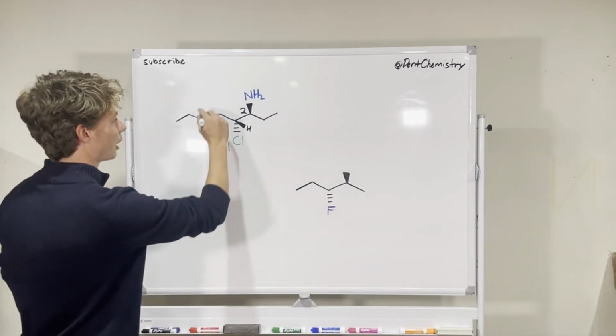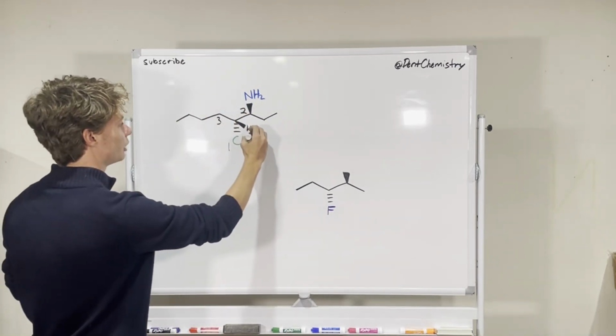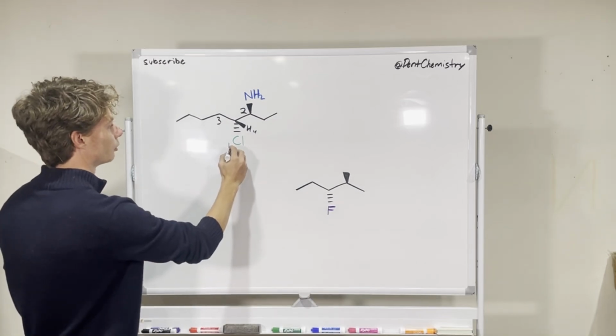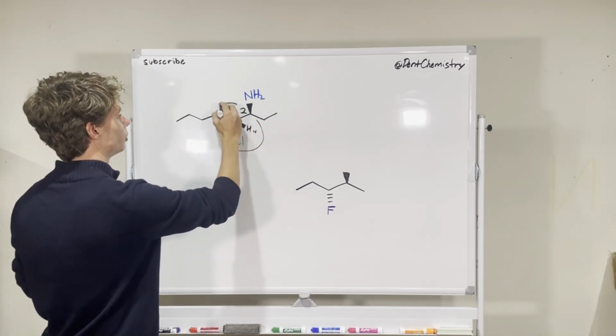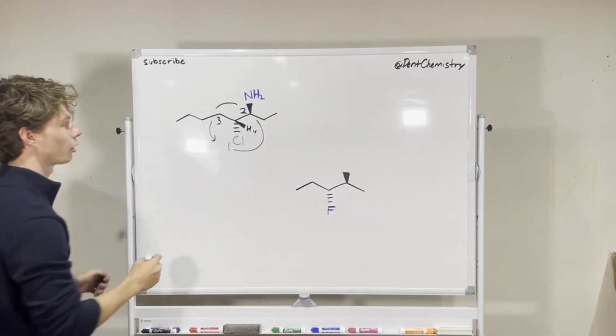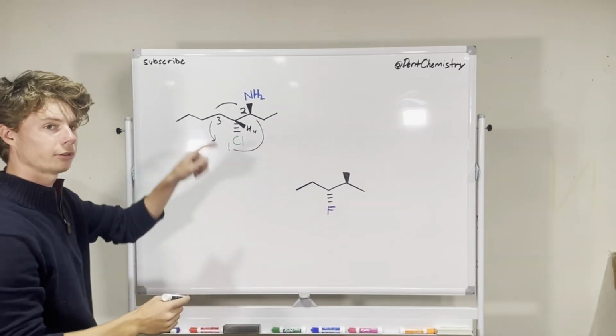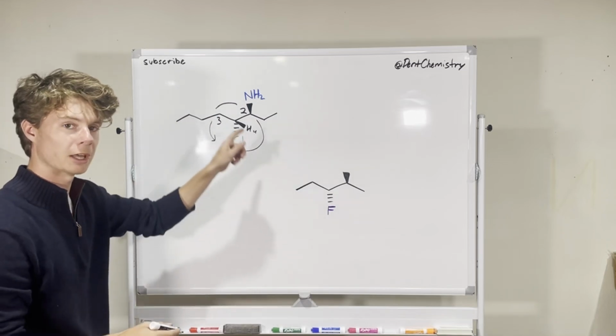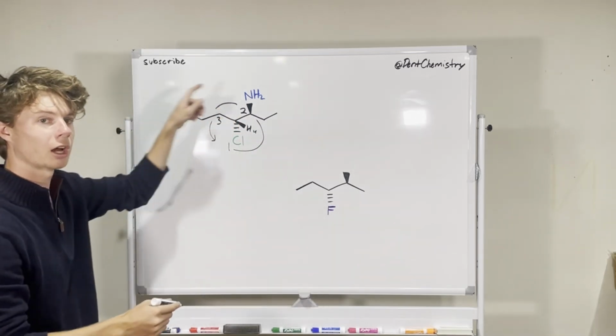My second step, I've designated priority numbers to each of my groups. I'm going to connect 1, 2, and 3 together. So 1, 2, 3. I'm currently going counterclockwise, but because hydrogen, our smallest group, is a wedge, I need to flip that. So instead, I will be going clockwise.